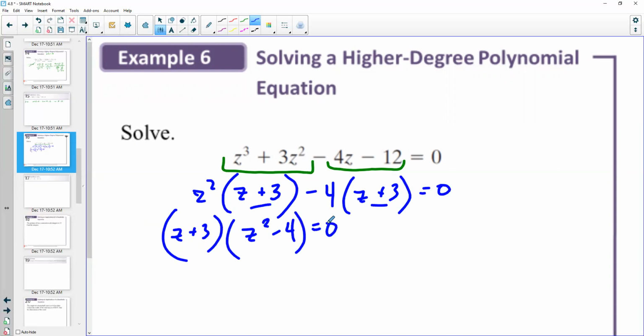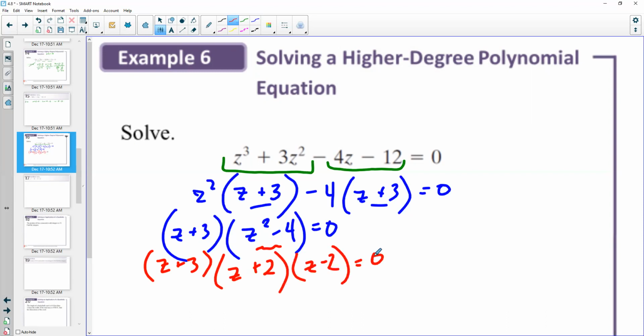Are we finished factoring? No, right? Because this second term here, this is a difference of squares. So I'm going to keep z plus 3 here. This is z plus 2, z minus 2 equals 0. And now I have products, right? I can just set them to 0.